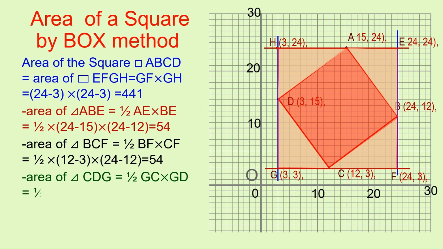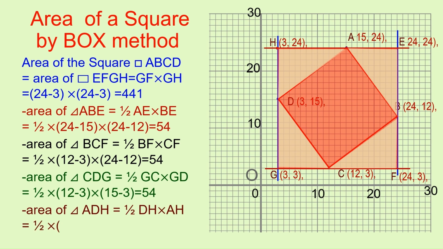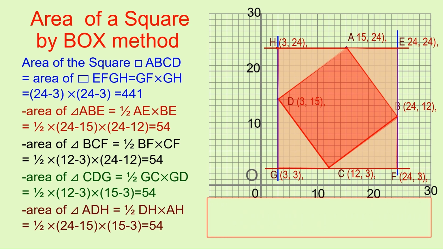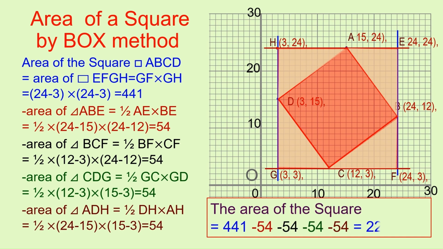Area of right-angled triangle CDG equals 1/2 GC times GD equals 54. Area of right-angled triangle ADH equals 1/2 DH times AH equals 1/2 times (24 minus 15) times (15 minus 3) equals 54. The area of the square equals 441 minus 54 minus 54 minus 54 minus 54 equals 225.